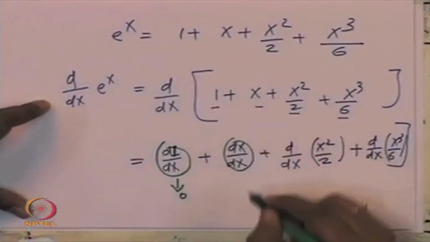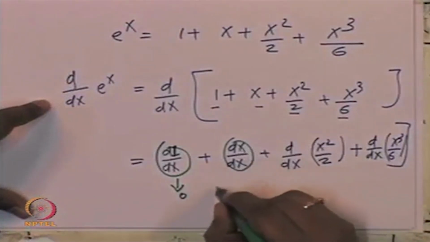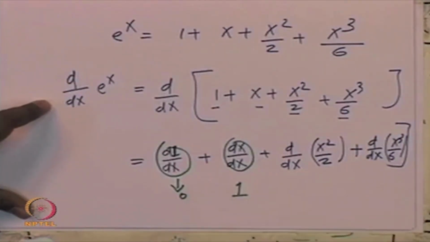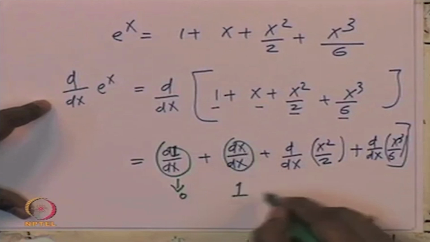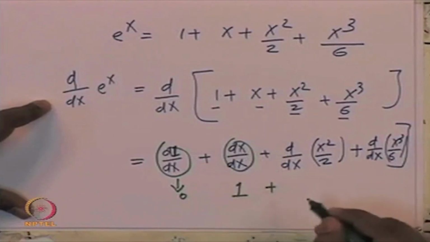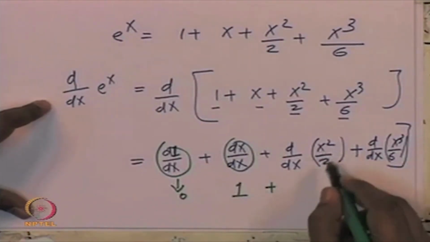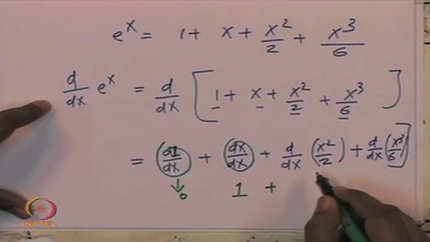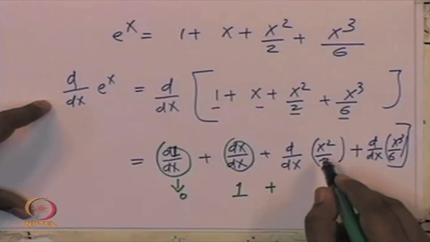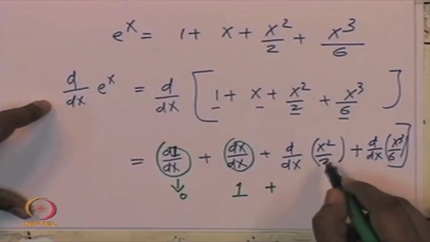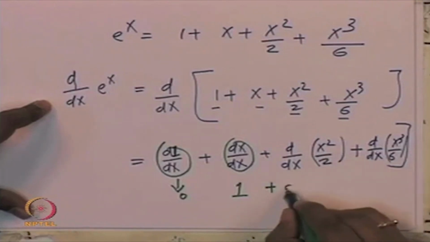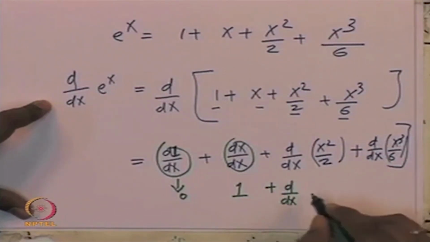Now, the second term: dx by dx is 1. Plus, now we want to calculate the derivative of x square by 2. Here we can use the product rule. x square by 2 is basically d by dx of half into x square.